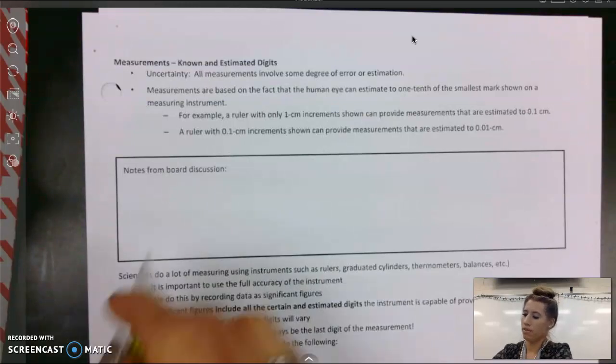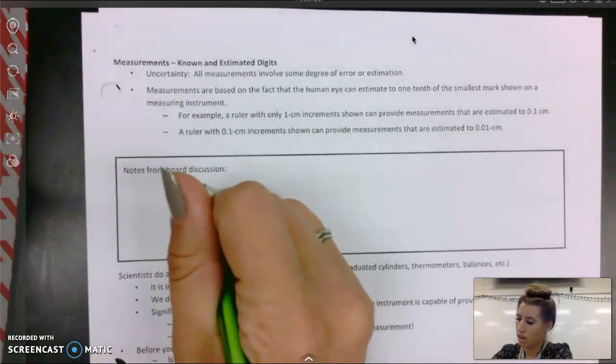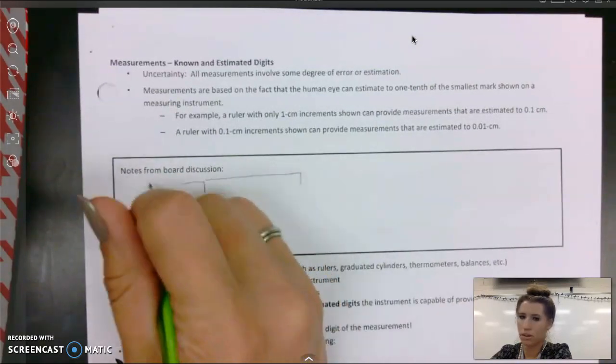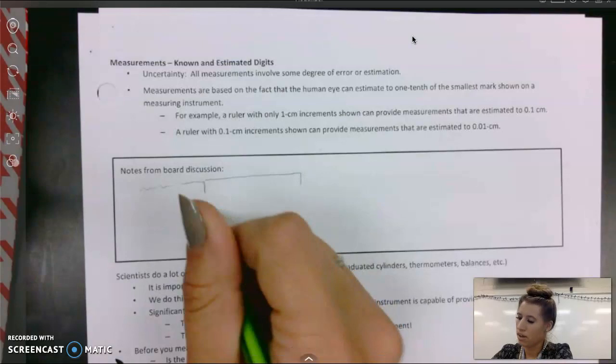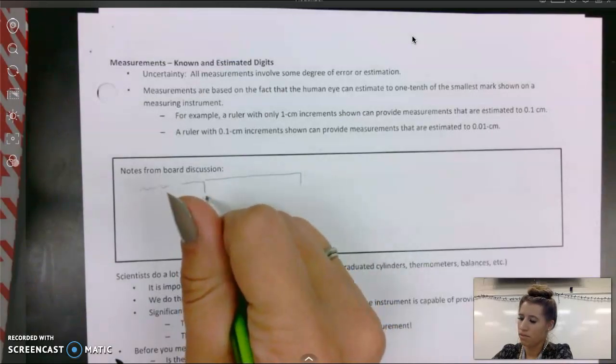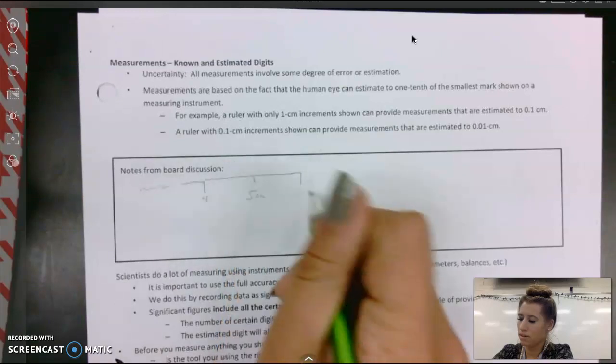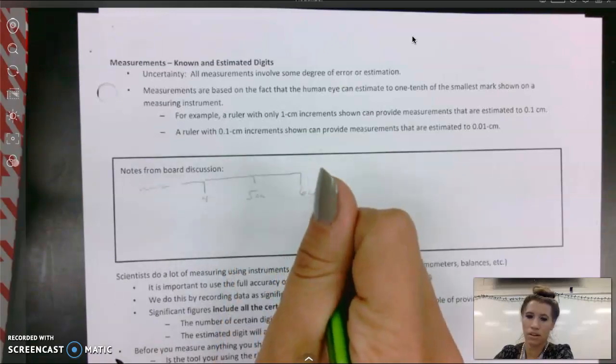So if I have a ruler, and we'll say the ruler started all the way back over there at 0. And this is 4 centimeters, and that's going to be 5 centimeters, and then here we have 6 centimeters.